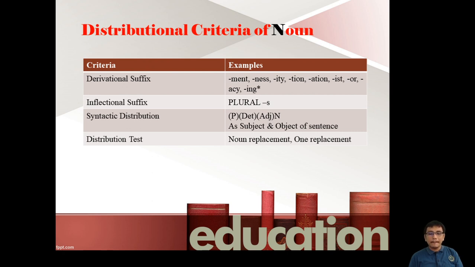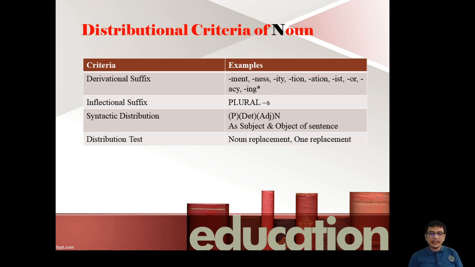Now, let me show you some distributional criteria of a noun. For example, a noun can be indicated by the derivation that it has. For example, -ment, -ness, -ity, -ian, and so on indicate that these words belong to the noun category. Then also plural -s can be attached only to nouns.